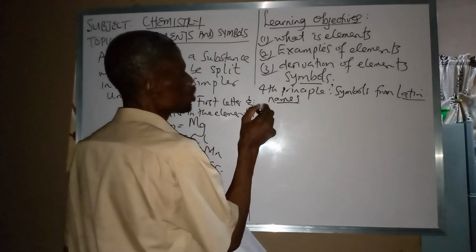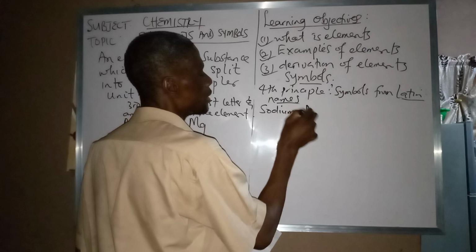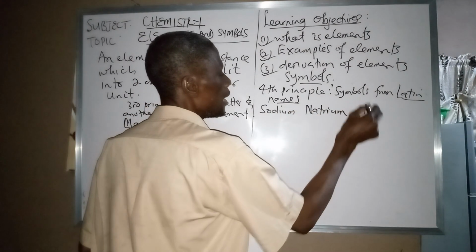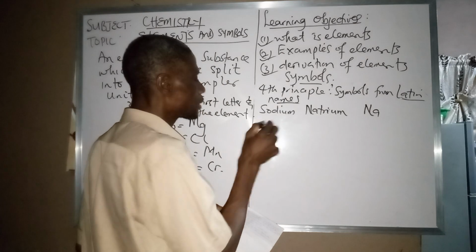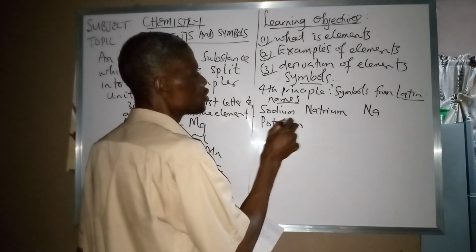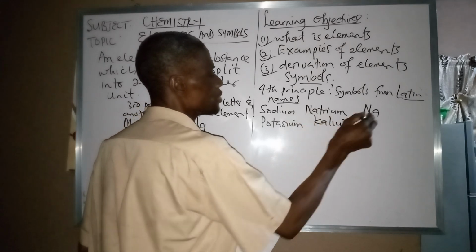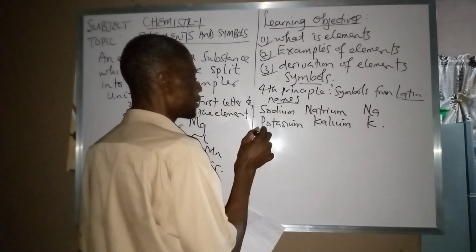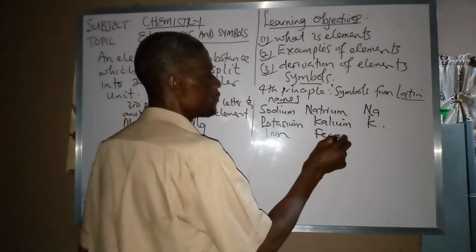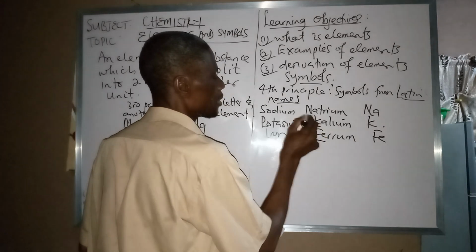Example, let's look at sodium. Sodium's Latin name is what? Natrium. Na. Potassium is what? Kalium. Symbol K. What about iron? Iron is ferrum. Fe. You can see.